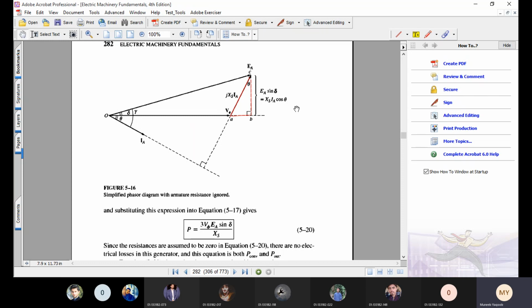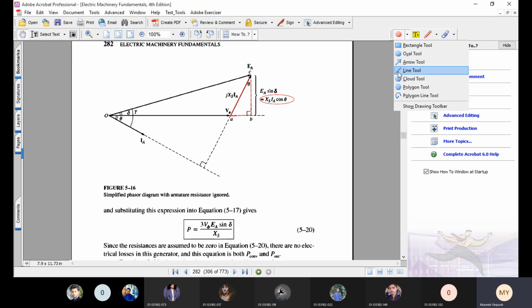We all know that if the hypotenuse is F, then the base is F cos theta. In a similar manner, in this smaller right angle triangle, the hypotenuse is XSIA, so the base is XSIA cos theta. So using this figure, the author concluded that the base of this smaller right angle triangle is XSIA cos theta, and the length was almost equal to this length.